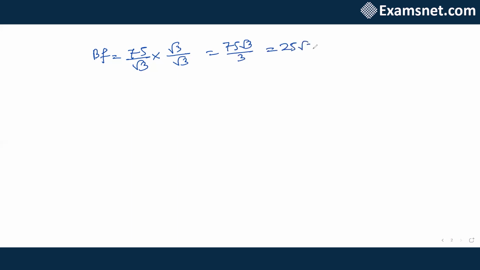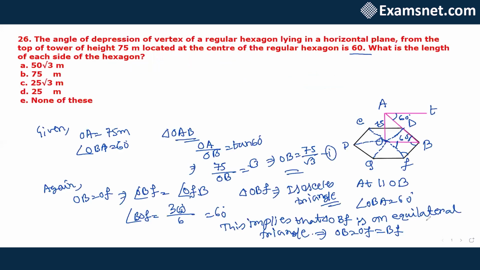So 25 root 3 meter. So the side length is 25 root 3 meter. Let's check all the options. Yes, option C is the correct one. 25 root 3 meter is the length of each side of the hexagon.